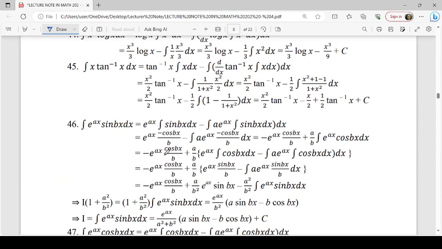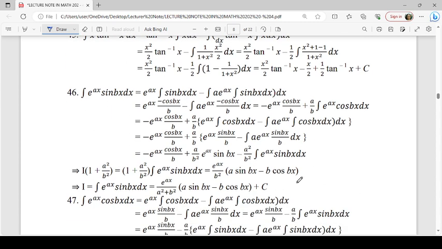This is all by product function, e to the power x into sin bx. So here you see sin x, e to the power x, again we get the same functions. Sin x becomes cos x becomes sin x, e to the power x is always e to the power x.